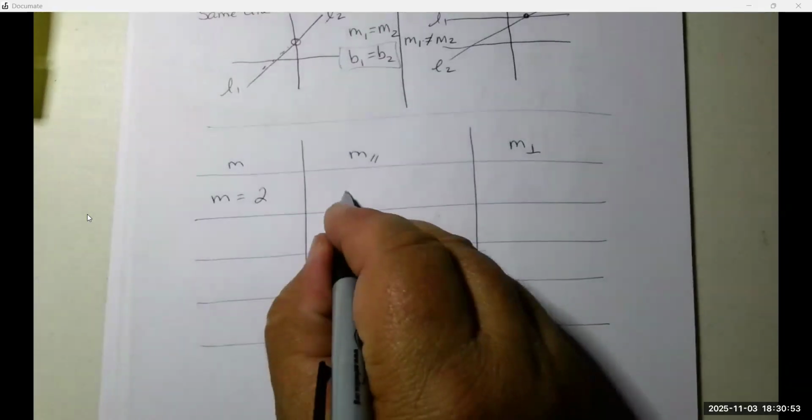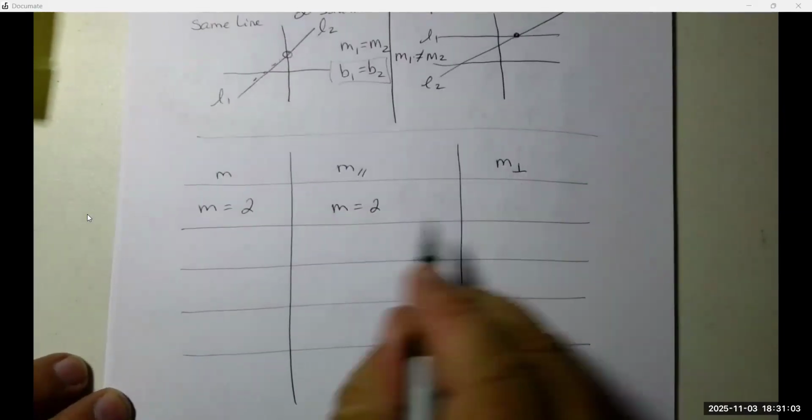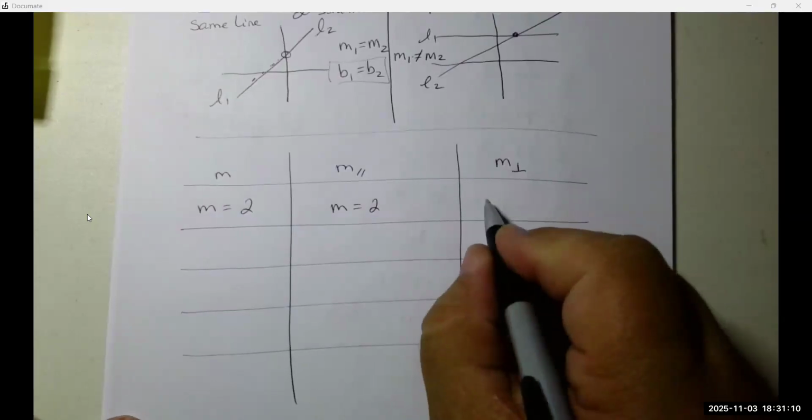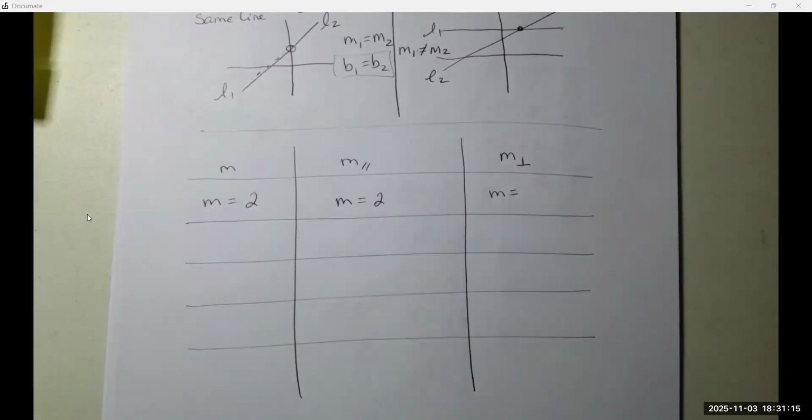So if I give you a slope of 2, what would be the slope parallel to that one? It would be 2. Yep, it'd be the same slope because that's how they're parallel. They have to have the same slopes. Very good. What would the perpendicular slope be to that one? -1/2. Why would it be -1/2? Because it has to be, you said, a negative reciprocal of it.